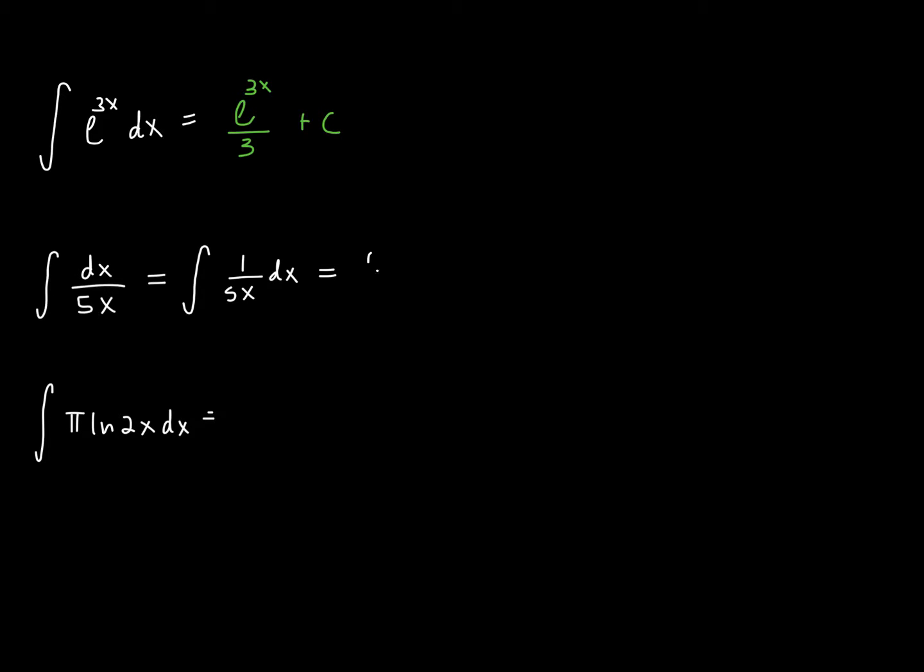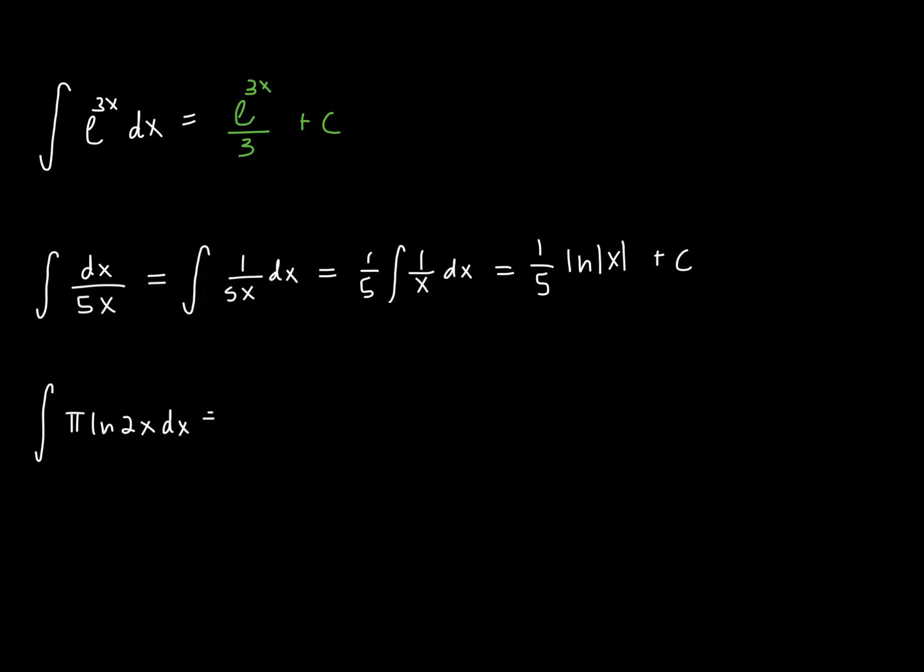So I can rewrite it as 1/5 times the integral of 1 over x dx. And now I can just apply the fact that the integral of 1 over x dx is the natural log of the absolute value of x. And so I'll end up with 1/5 times the natural log of the absolute value of x plus c.